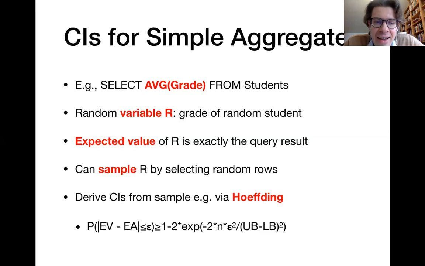And I can get some sample from that random variable by simply randomly selecting rows from the student table and looking at the grade. And from that sample, I can derive some insights about the expected value, about the interval within which the expected value is probably located. I can use multiple equations here.